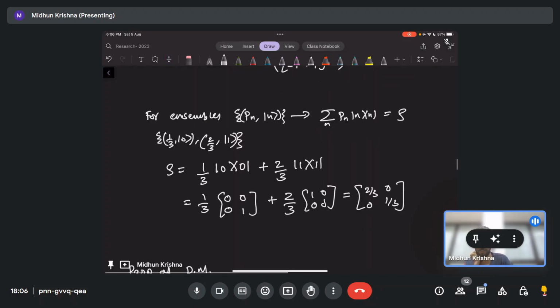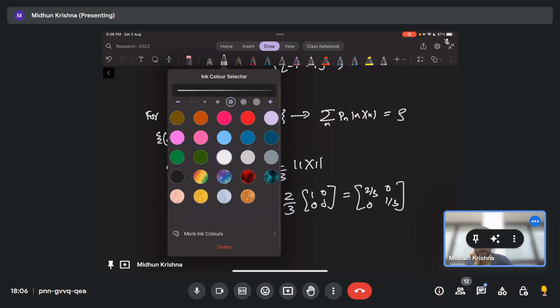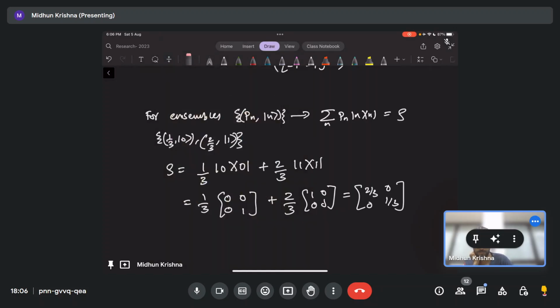So if I had a classical mixture, previously I did not have any way of representing my state properly. Now I do. This is how we represent the state.